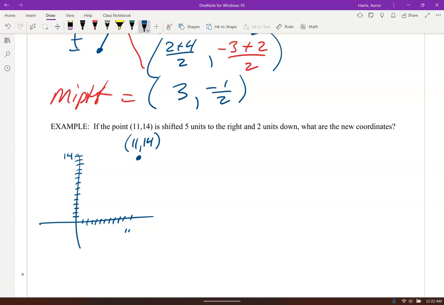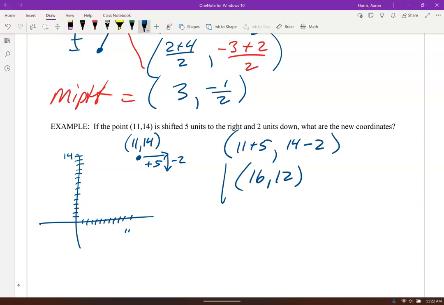If I go 5 to the right and 2 down, where am I at? So that'd be 5 to the right for the x, 2 down for the y. So 16, 12 would be my new x, y.